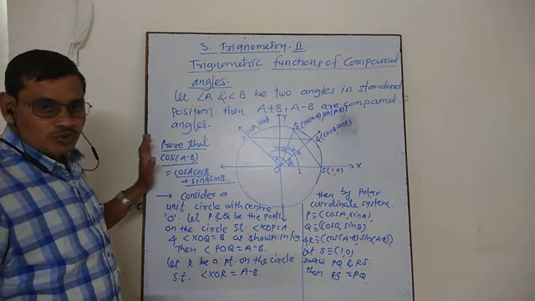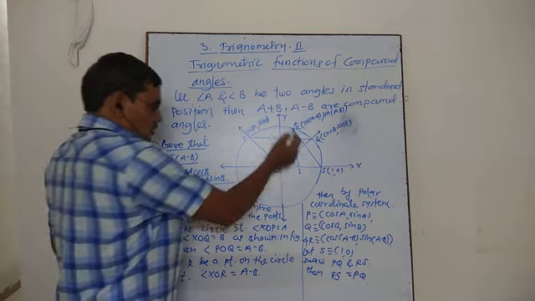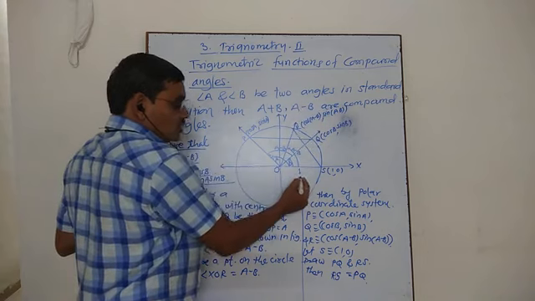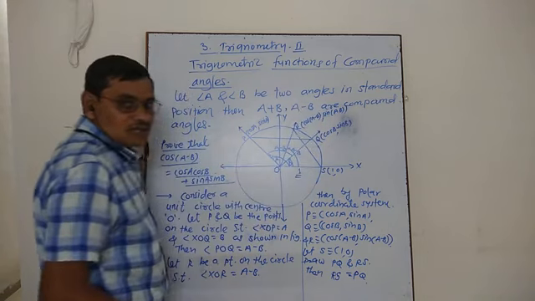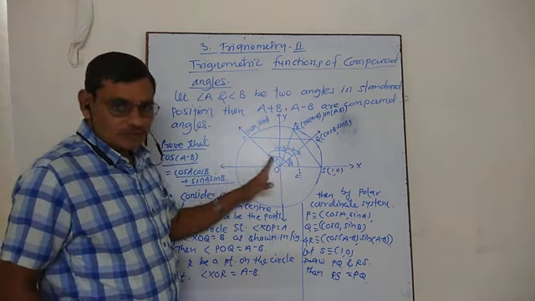आता प्रूफ आहे, हा आपल्याला प्रूफ करायचा आहे. So for this we consider a unit circle. Unit means radius is 1. Unit circle with center origin of plane.